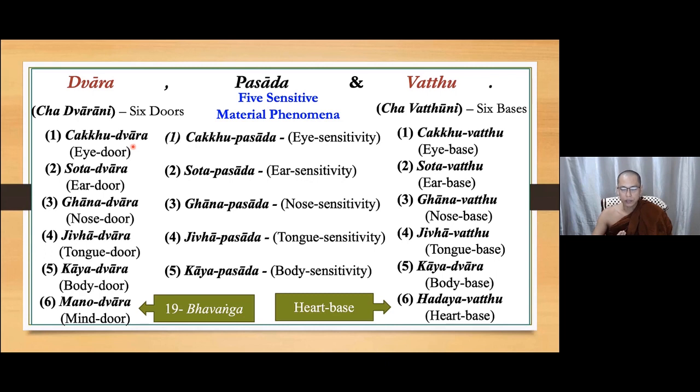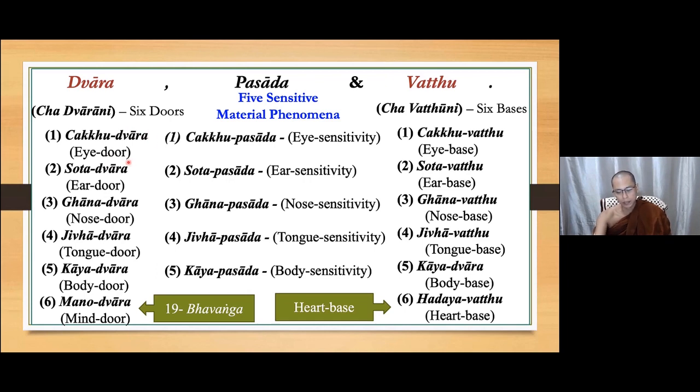They use these six channels to come in. This is similar to the going out of the consciousness and mental factors and the coming in of the objects, similar to a door. In this way, it is used as a door, not really a door.